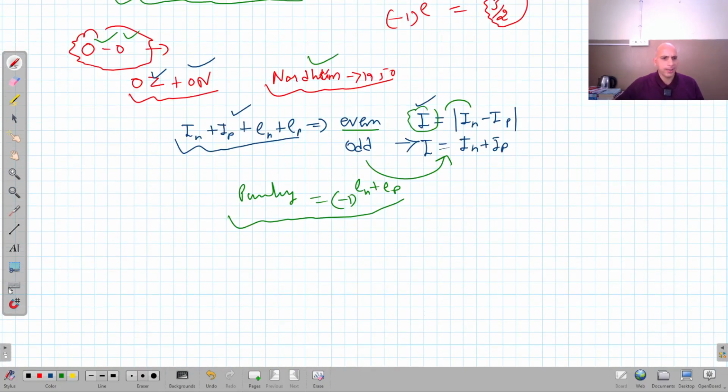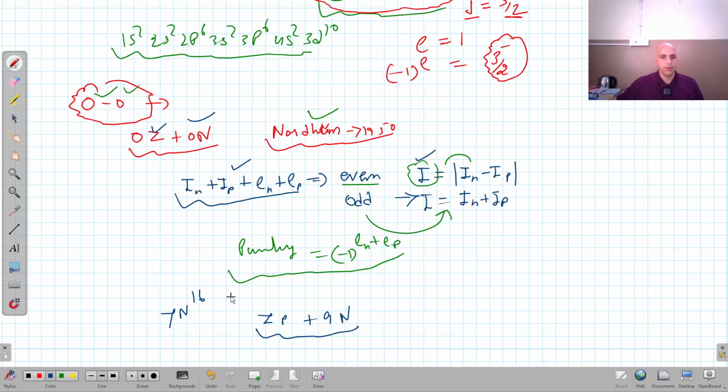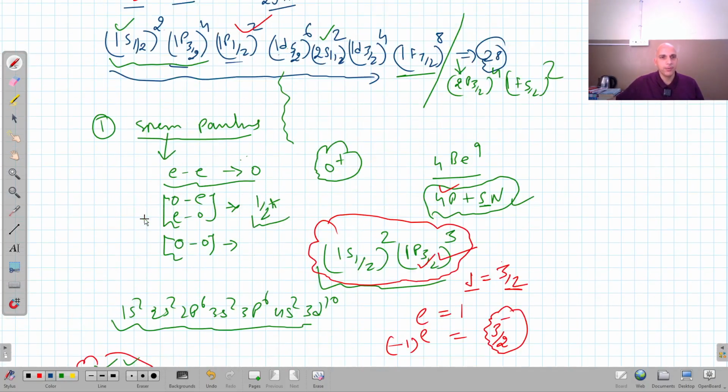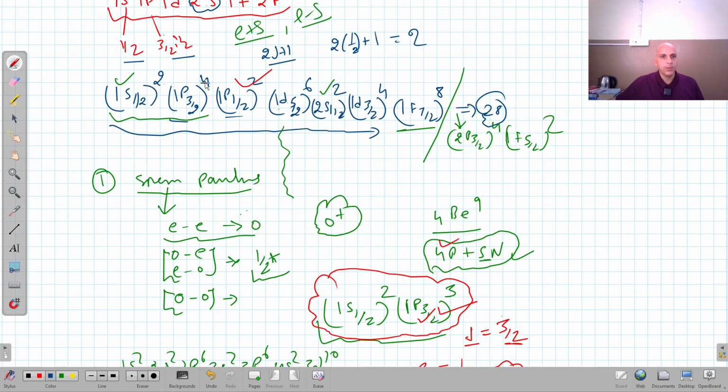I am taking up one example to make it clear. You can see we have an example of nitrogen 16, 7N16, right? So 7 protons plus 9 neutrons. Now we have to write down the configuration. For proton 7, we have to look here: 2 plus 4 is 6, 7 means here, right?